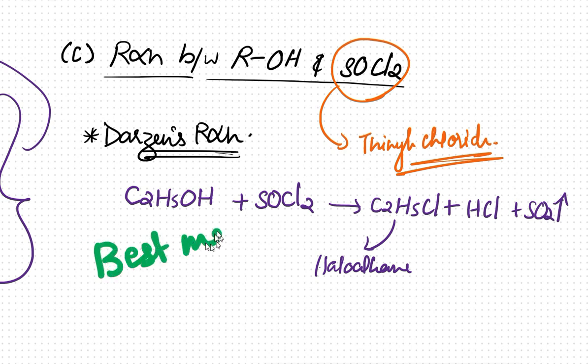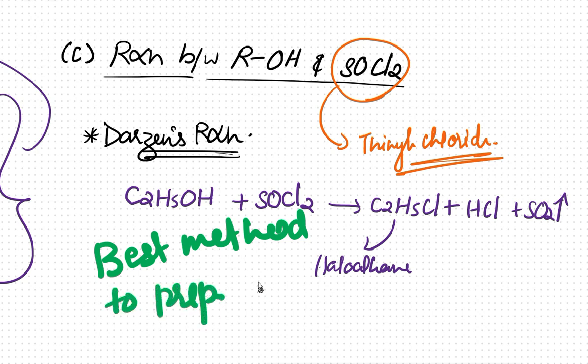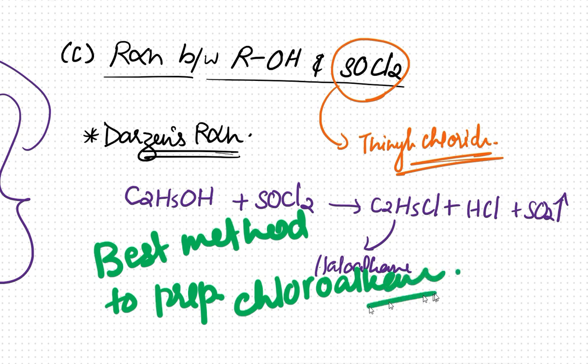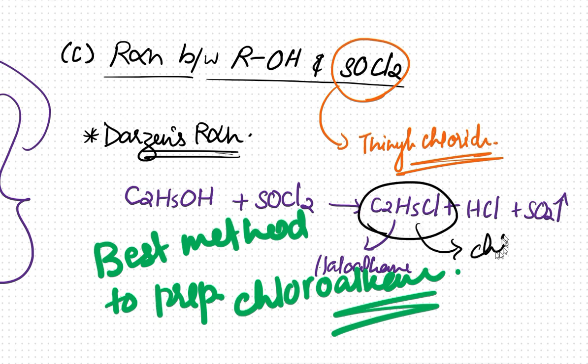And guys, this is the best method that you can ever use to prepare chloroalkane, and mostly it is used in laboratories as well. Darzens reaction is the best method for preparing chloroalkane. That was about the different reactions from alcohol. That was basically the main theme of this video for preparing haloalkanes using alcohol.